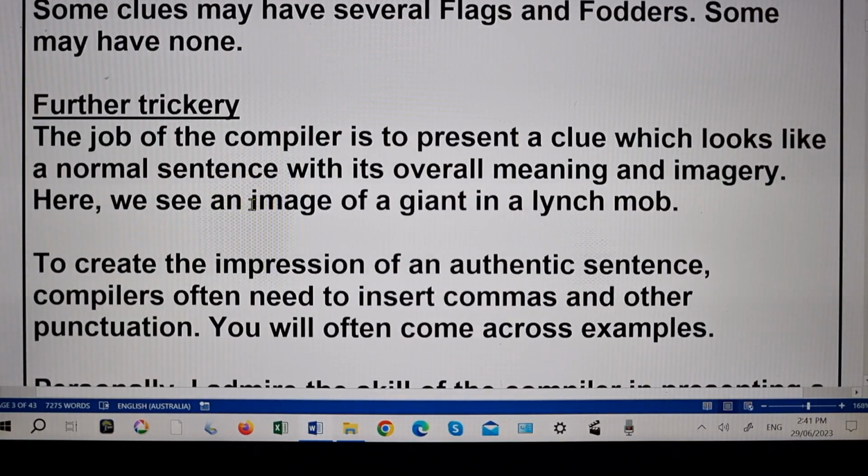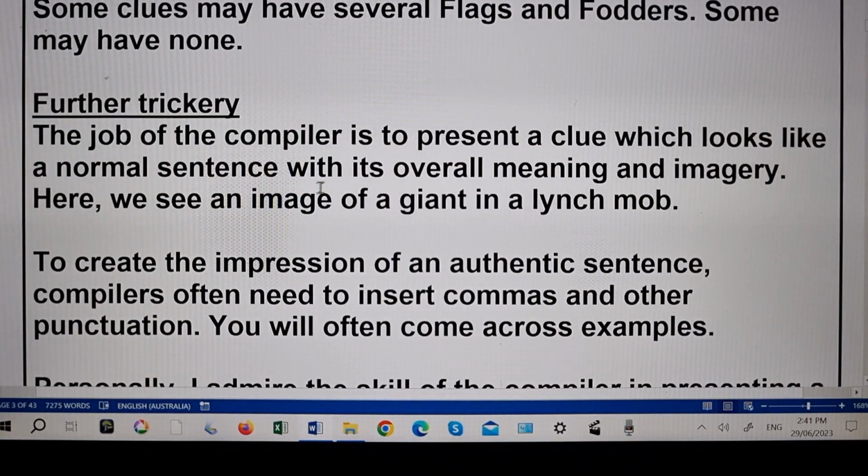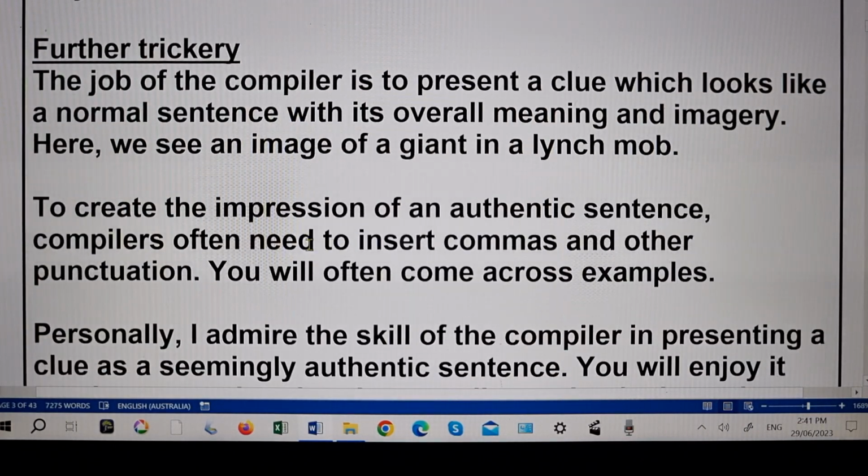Further trickery. The job of the compiler is to present a clue which looks like a normal sentence with its overall meaning and imagery. Now here we see an image of a giant in a lynch mob. Now to create the impression of an authentic sentence, compilers often need to insert commas and other punctuation. You'll often come across examples with punctuation.